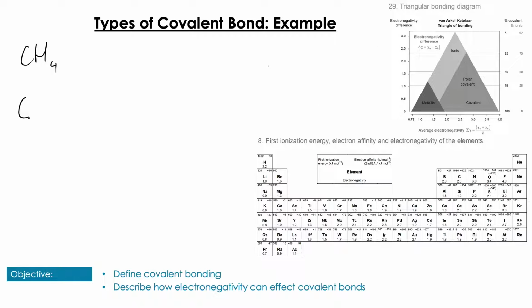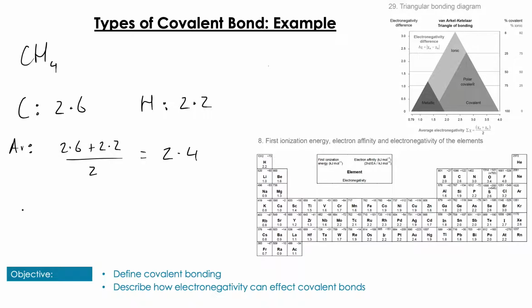Looking at another example of CH4, we look for carbon and hydrogen, that's 2.6 and 2.2. We take an average, which is going to be 2.4. Then we find the difference, which is 2.6 minus 2.2, which is 0.4. And then we use those values on the chart just as we did before.